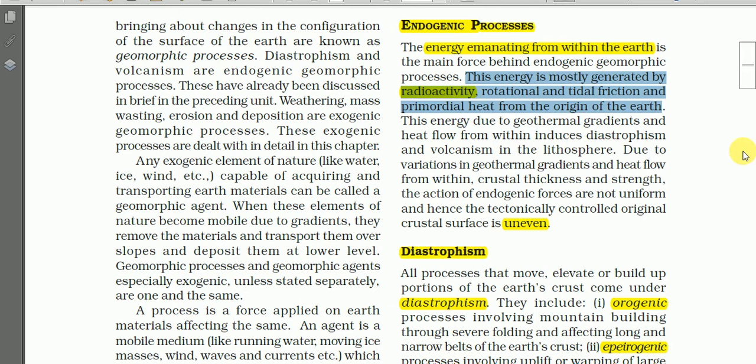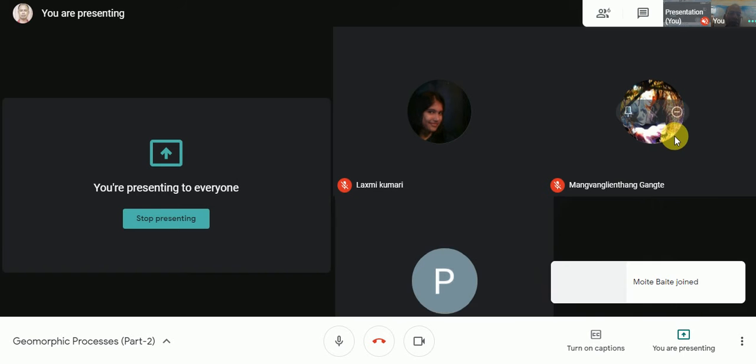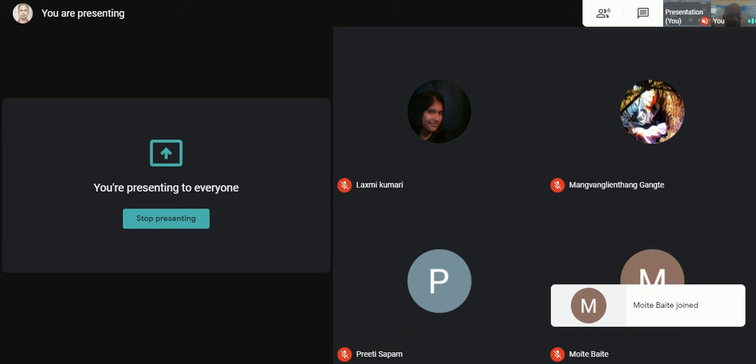See here, the forces coming from the earth interior are mostly generated by radioactivity, rotational and tidal friction, and primordial heat. Radioactivity is related with the convection currents generated within the mantle.